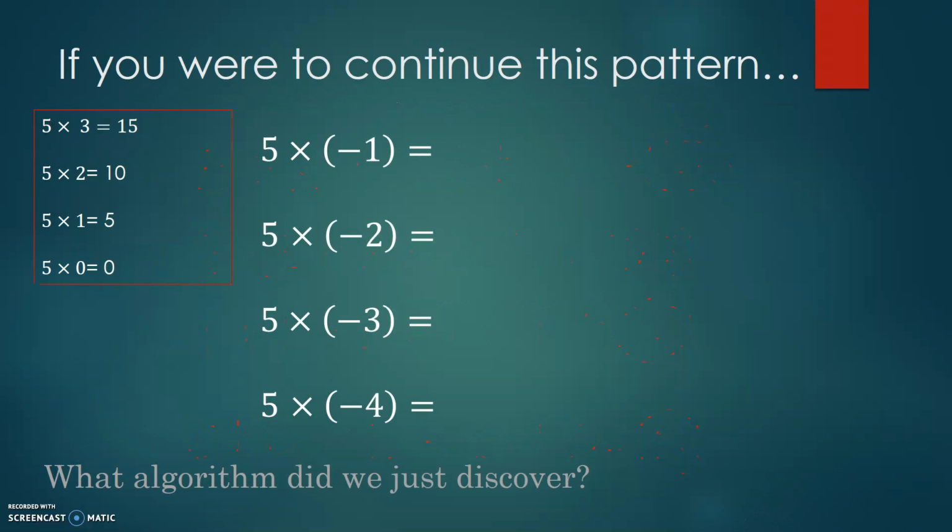If we were to continue this pattern now into the negative numbers, we could think of 5 times negative 1 as simply 5 negative 1s added together, which would be negative 5. 5 times negative 2, we think of this as repeated addition.